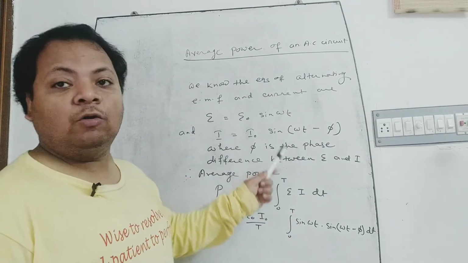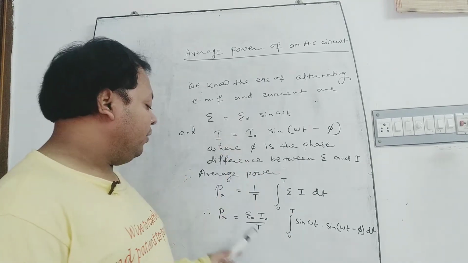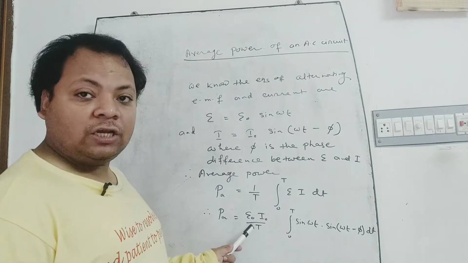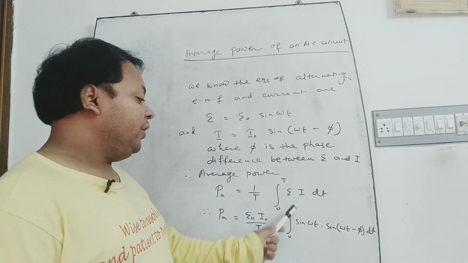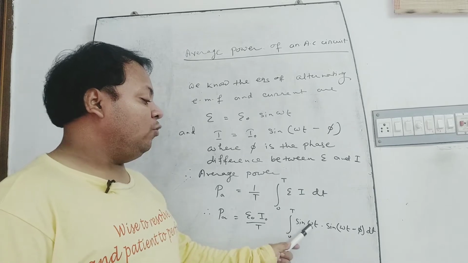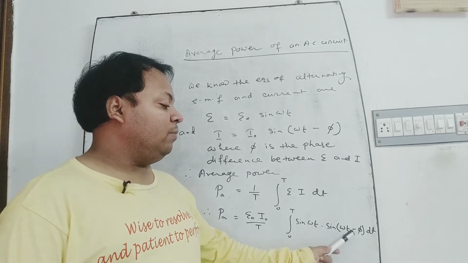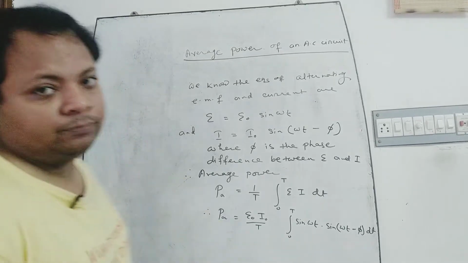Now putting the values of epsilon and I, we have P average is equal to epsilon 0 I0 by T integration 0 to T sin omega t into sin (omega t minus phi) dt.